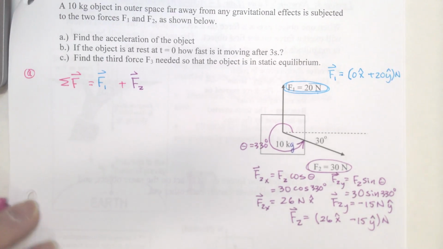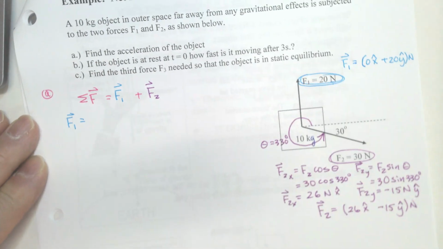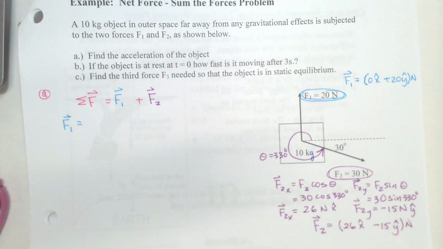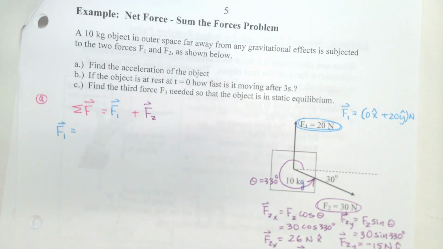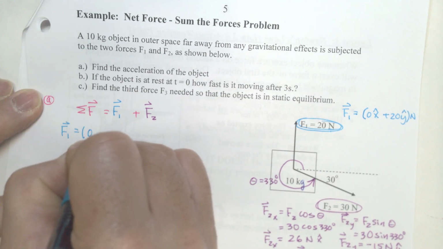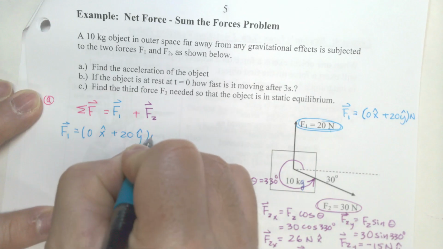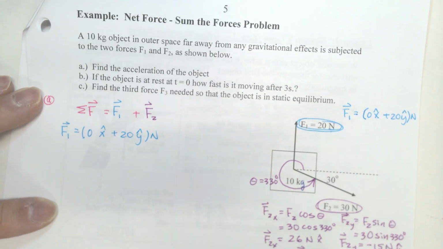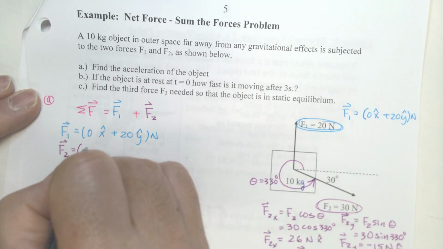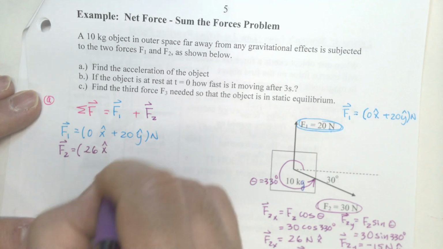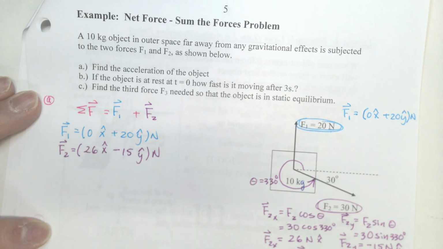So let's add them up. Here's my F1, which is equal to 0 x hat plus 20 y hat newtons, and my F2 is equal to 26 x hat minus 15 y hat newtons.